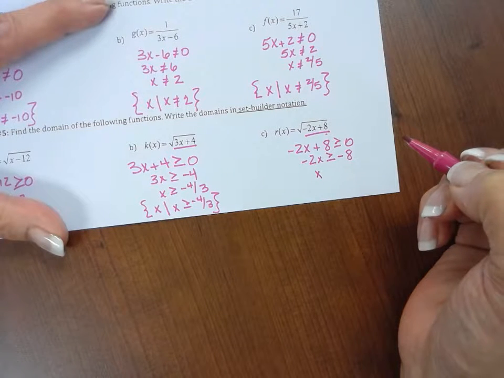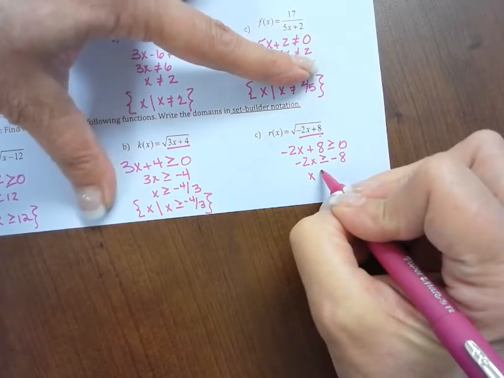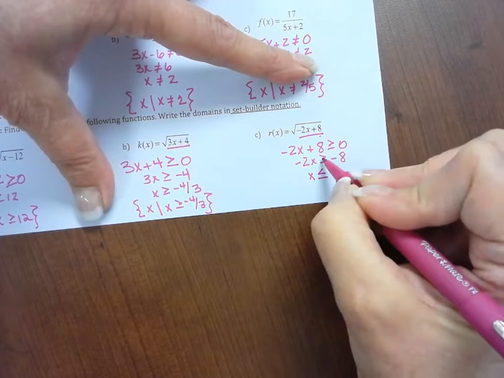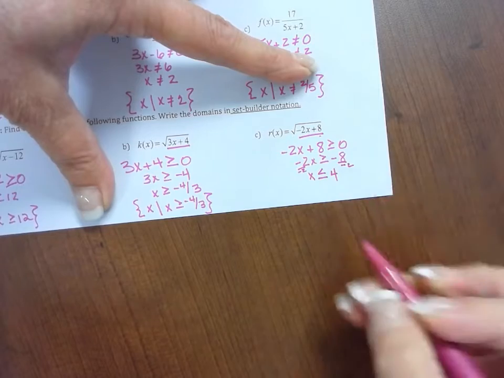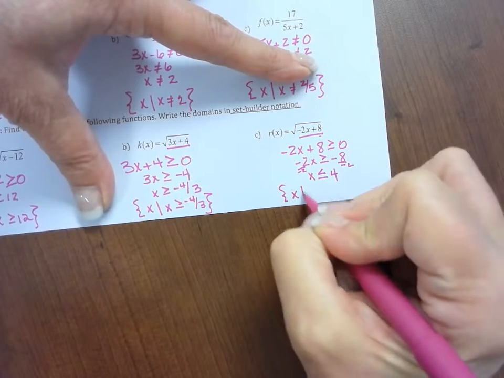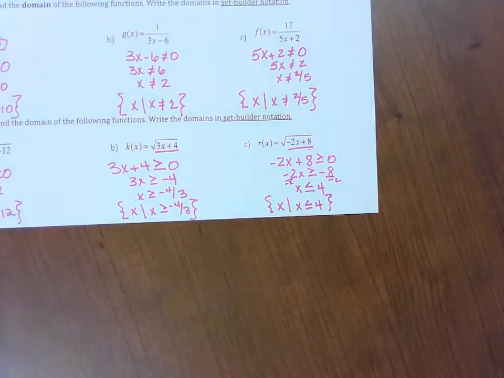You've got to flip the sign of your inequality, so it's x is less than or equal to, since I'm dividing by a negative, 4. So x is less than or equal to 4 in my set.